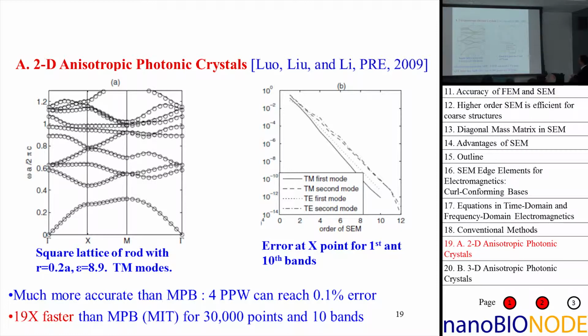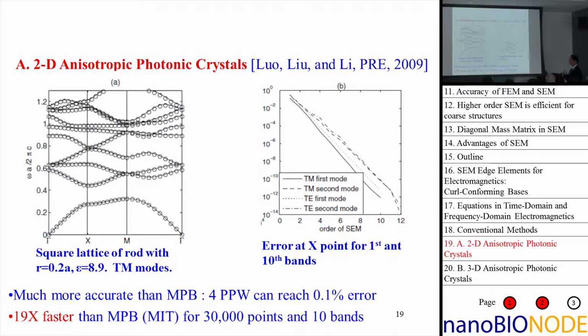Okay, so here is the two-dimensional anisotropic photonic crystal that we worked on. Here we show the error of our results for TM and TE modes versus the order of the basis function, and in this semi-log plot, you can see that our error decreases exponentially with the order of the basis function.